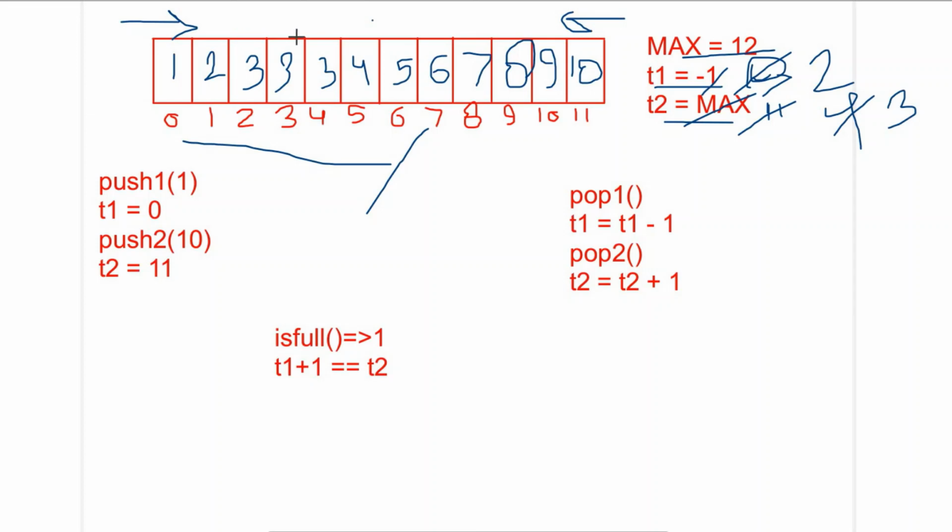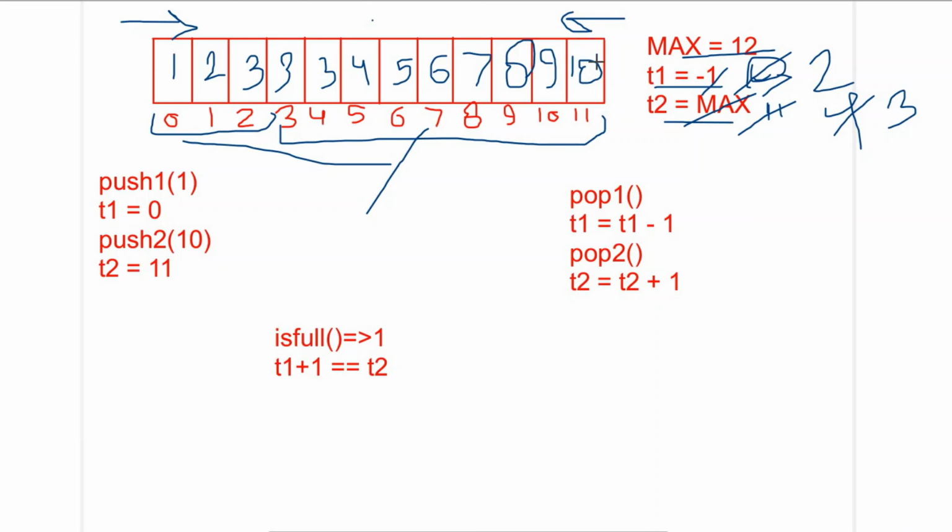That is, in case of stack 1, the indexes are incremented. Means first it was -1, it becomes 0, after that 1, after that 2. Stack 1 is from 0 to 2.